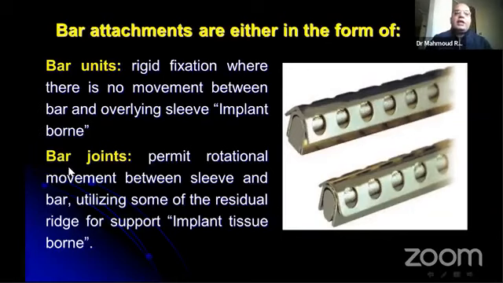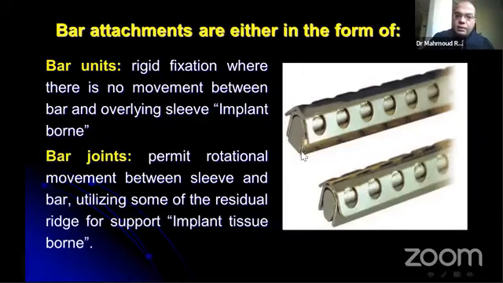But in the bar joint, it permits rotational movement between the sleeve and the bar, utilizing some of the residual ridge for support. This type has a bar with a pear-shaped or rounded cross-section, and the sleeve can move around it as a hinge movement, like the hinge of a door.